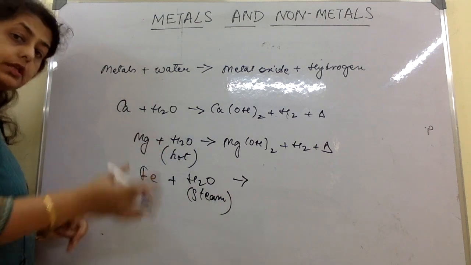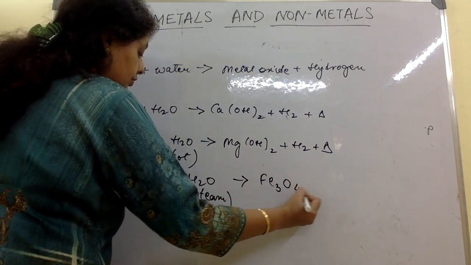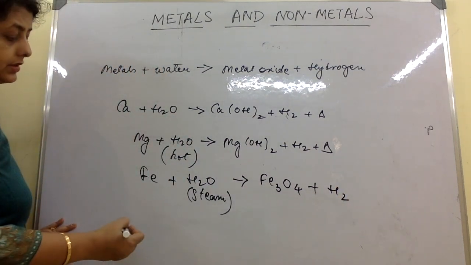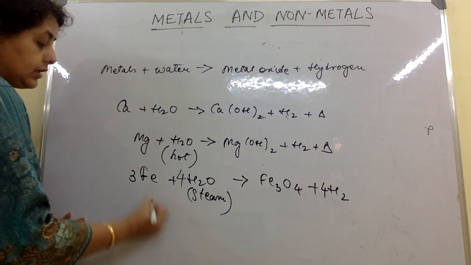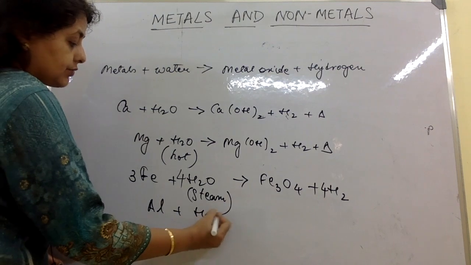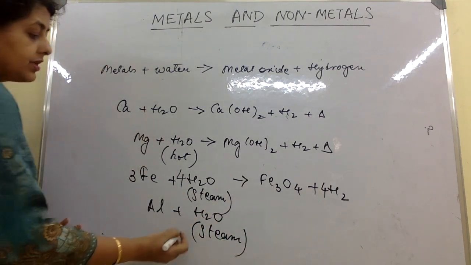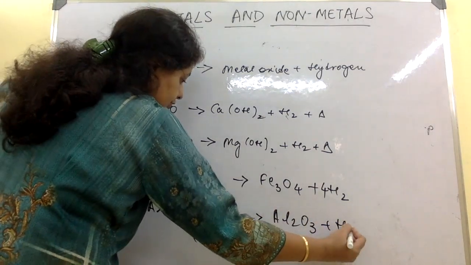Here we get Fe3O4, that is iron oxide, plus hydrogen. Is it balanced? And then aluminium also reacts with steam, as aluminium is also less reactive than magnesium, giving Al2O3 plus hydrogen.